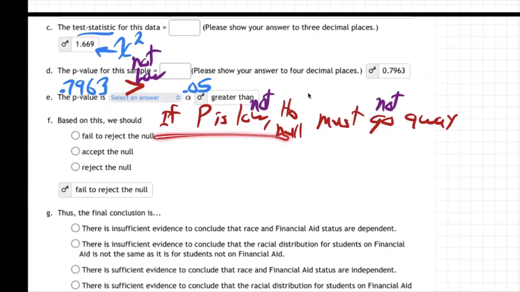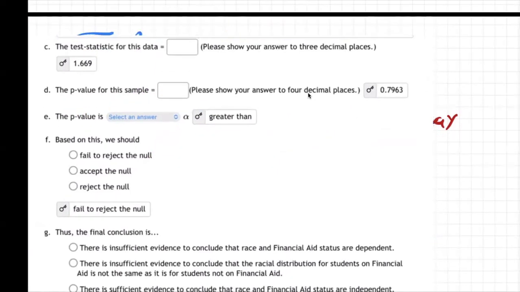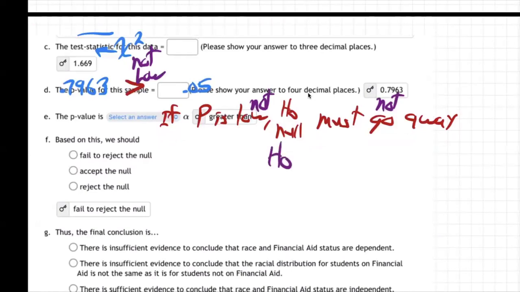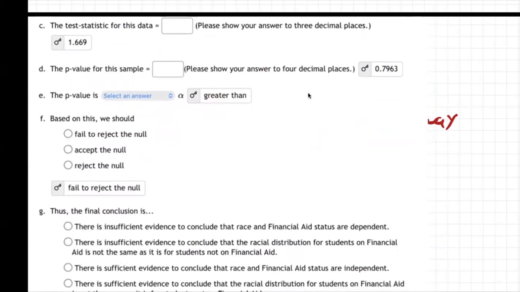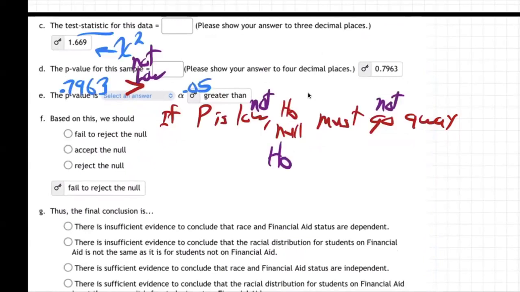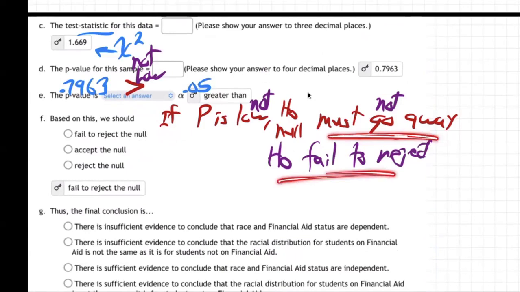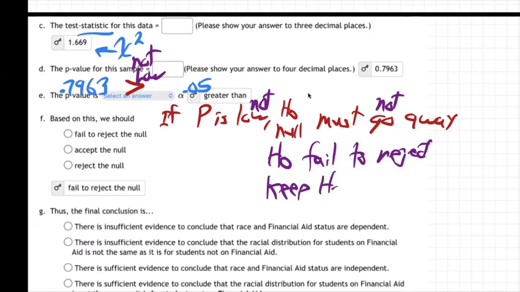If the p is not low, the H0 must not go away. So the H0, I'm going to fail to reject, right? Because the H0 is not going away. So we're failing to reject the H0, which means we are what? We're keeping H0. We're keeping H0.